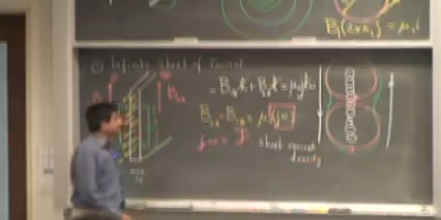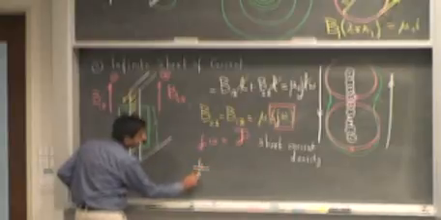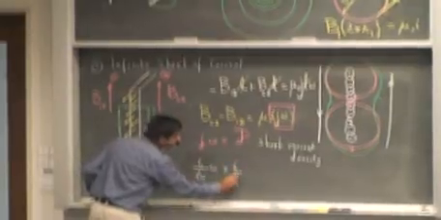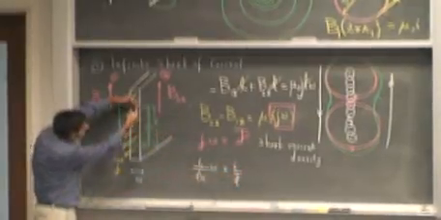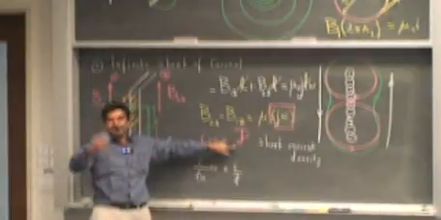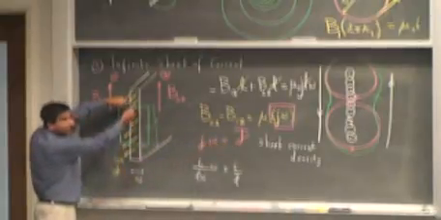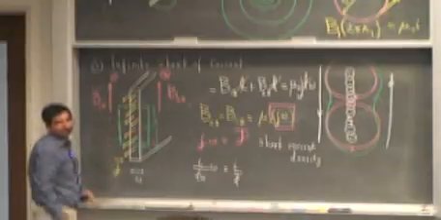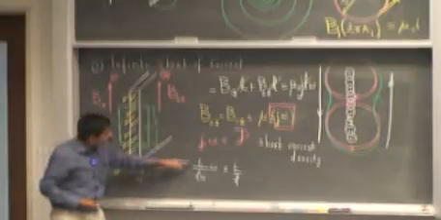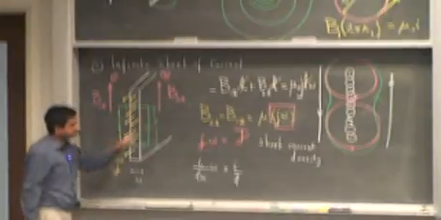If I look at this, this is current per LW into W. This is current per unit length. So this is just how much current is passing through unit length of this sheet. So this sheet current density is a special quantity that we've defined. Current density is generally current per unit area. This is current per unit length. J omega is I over L omega into omega, which is I per unit length. So this is called the sheet current density.